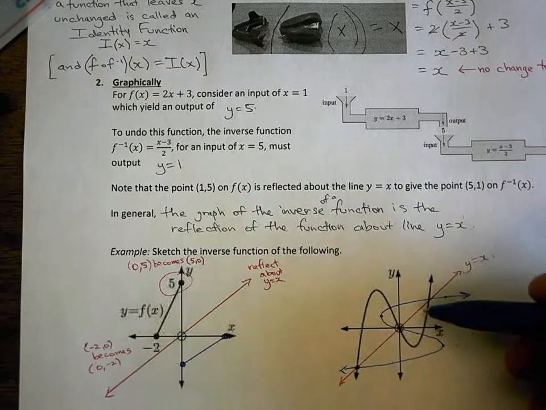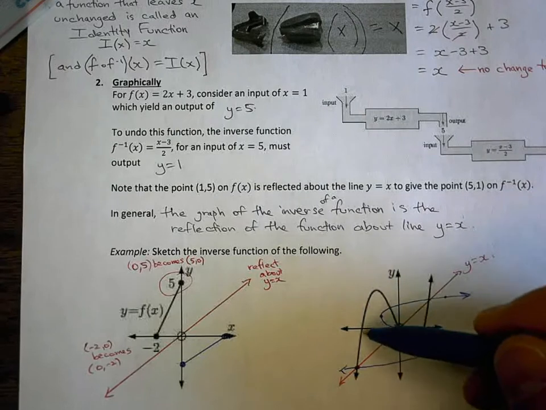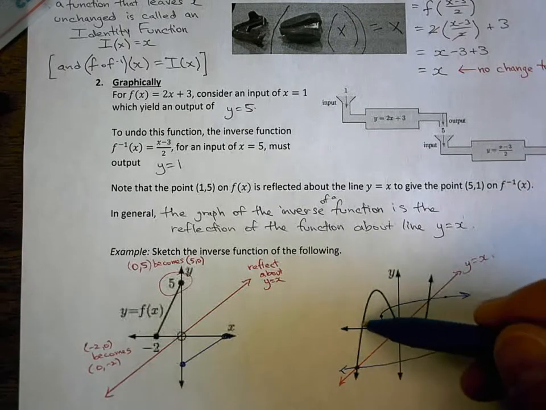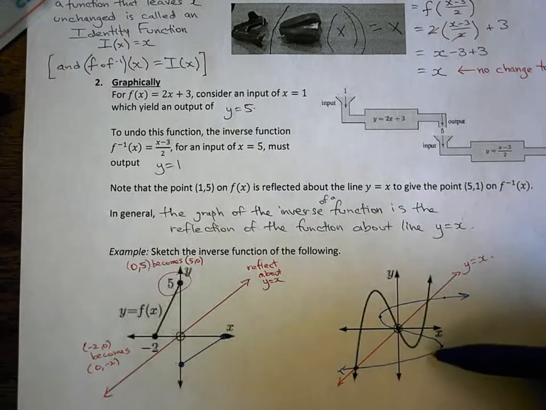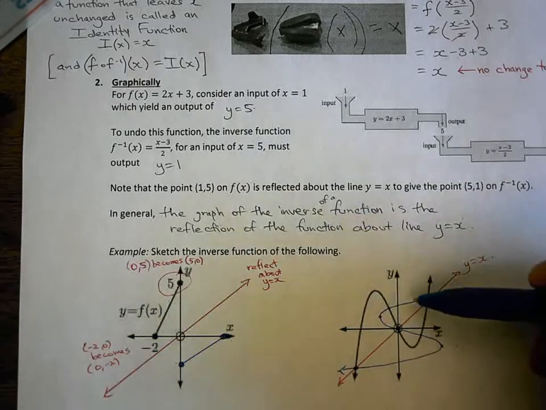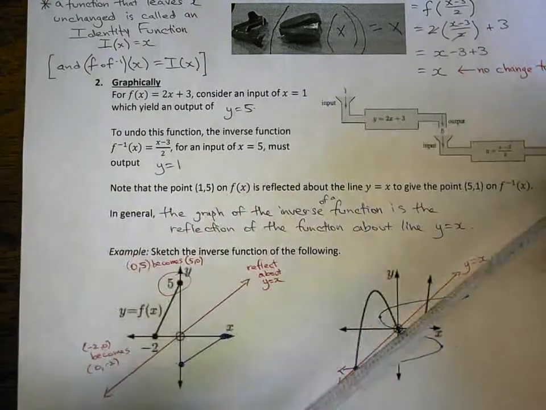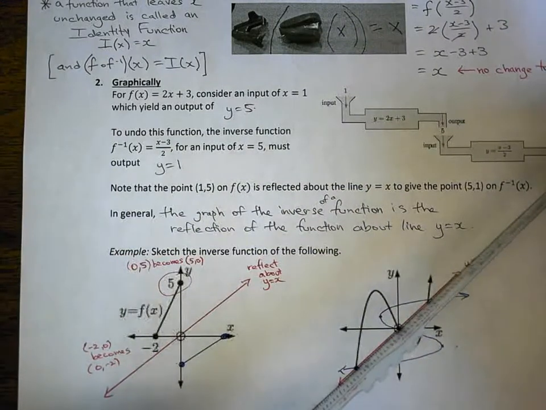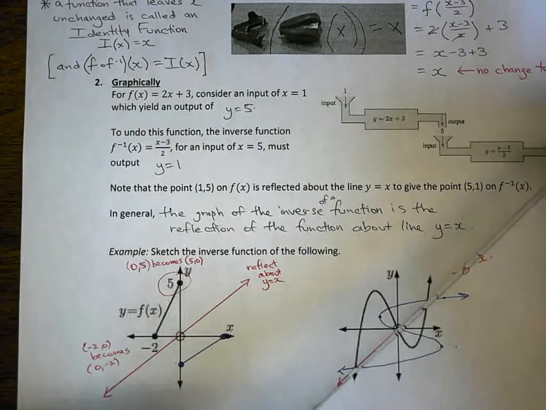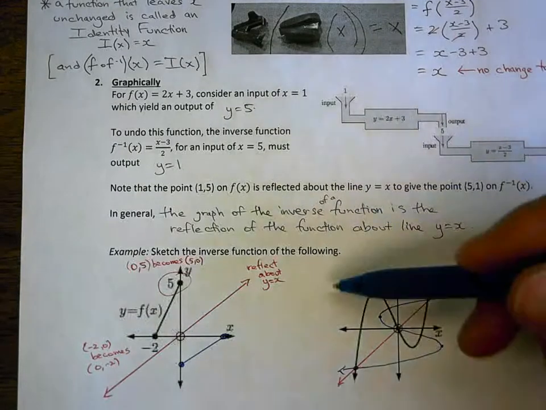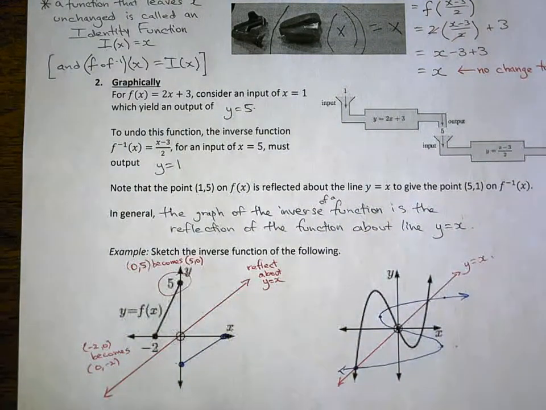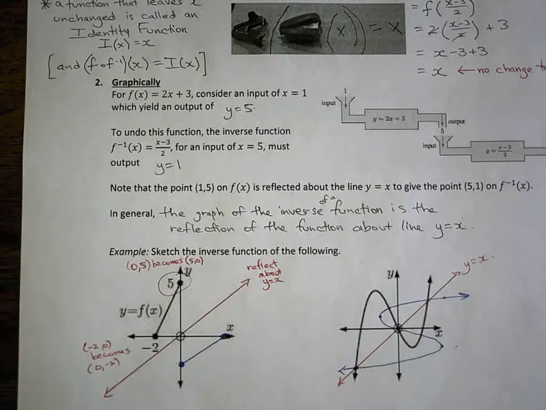You'll note that this goes into the negative y direction. Now it's going in the negative x direction. This goes in the positive y direction. It's going in the positive x direction. And if you look at that mirror, you can see that it's reflection in the mirror. Tough question though.